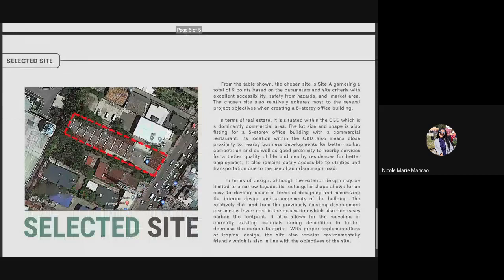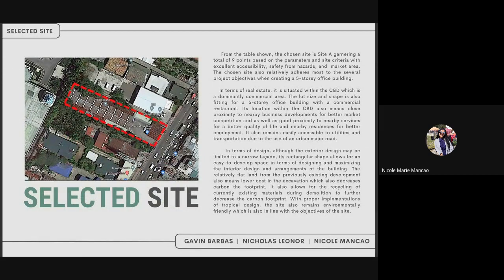So for the selected site, based on the table shown above, Site A is the site chosen for this development. It is situated within the CBD, first of all, and it is dominantly in a commercial area.